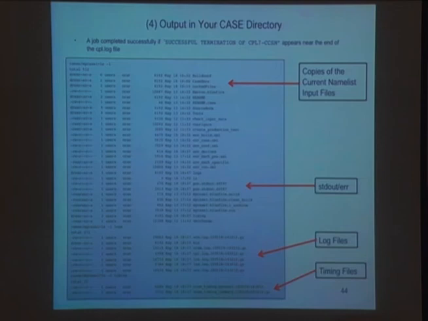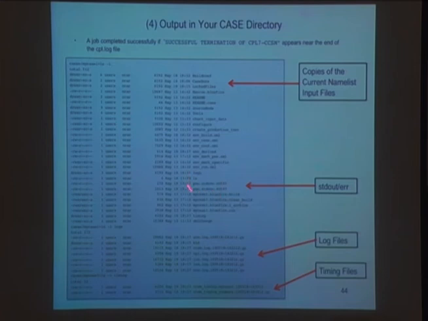And that's on the next slide. But the small ASCII files that end up back in your case directory, well, there's a directory here that will contain a copy of all your namelist files. So it's kind of a paper trail of the namelist variable values that you used.